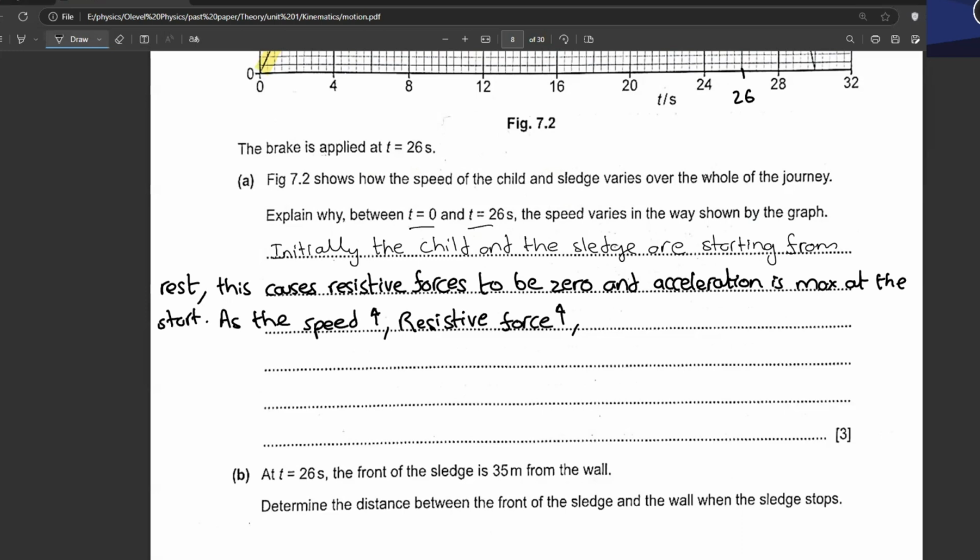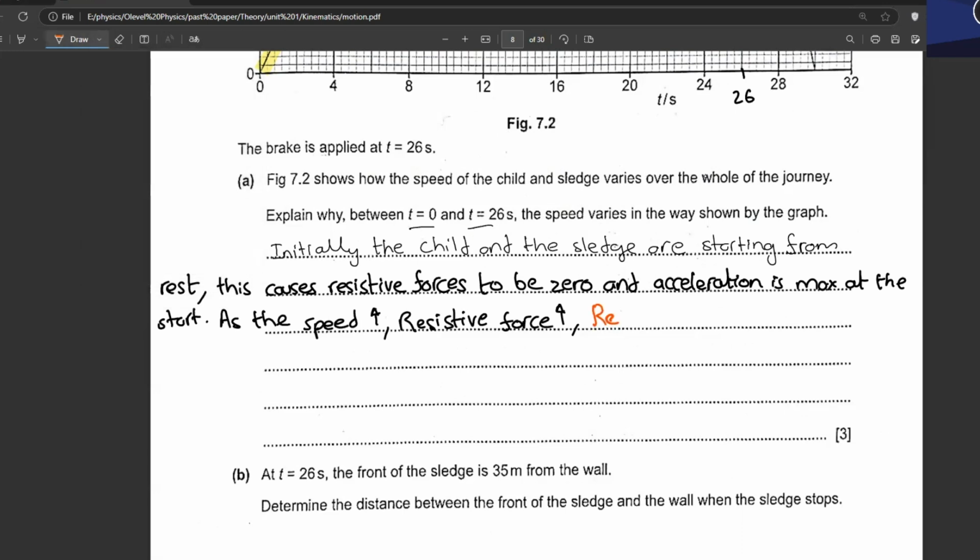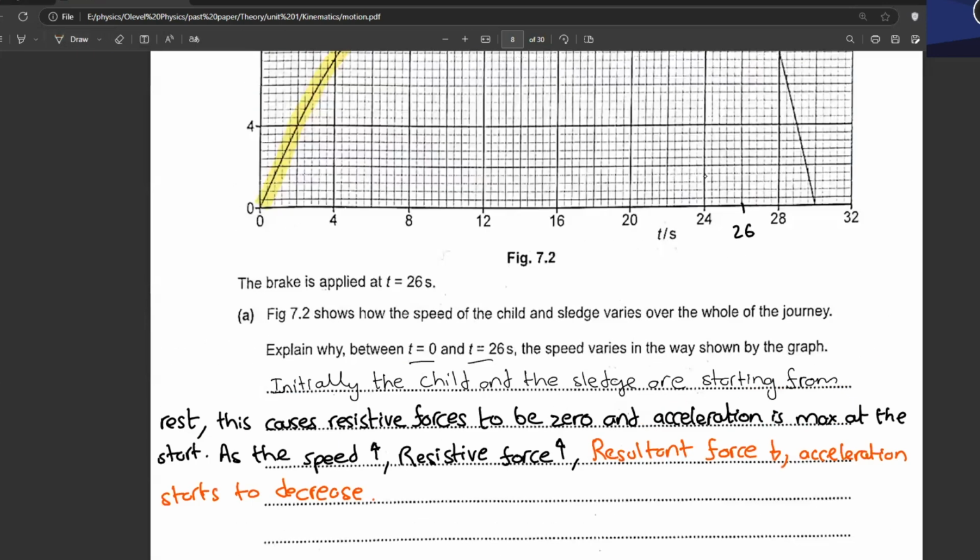This causes your resultant force to decrease. As resultant force decreases, acceleration starts to decrease.